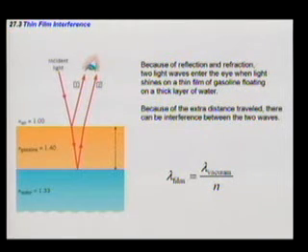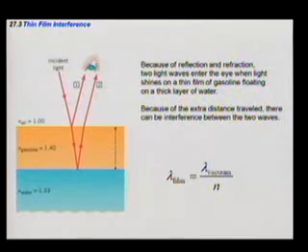Let's say it's 664 nanometers for red light, and we divide it by the 1.4 for gasoline, and that's its wavelength in the film.